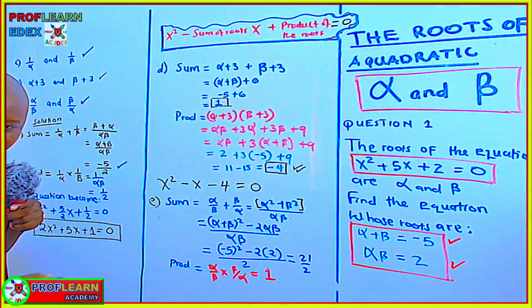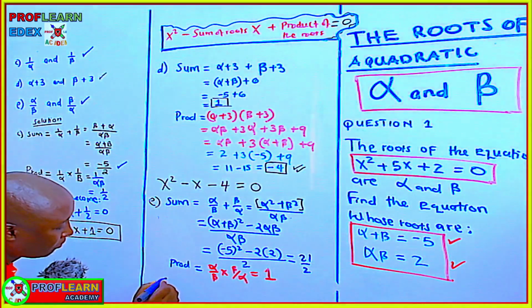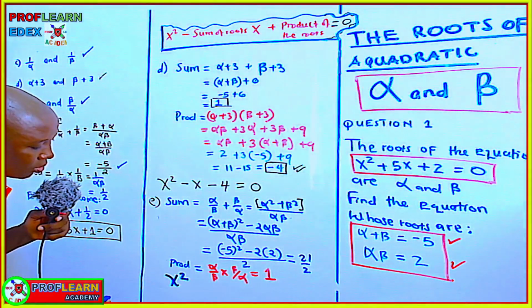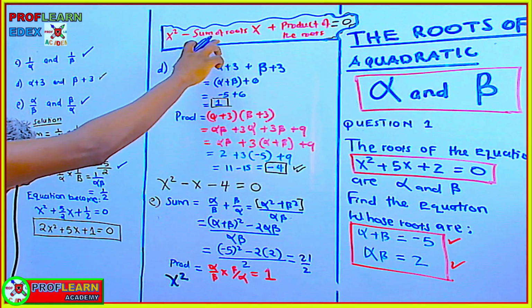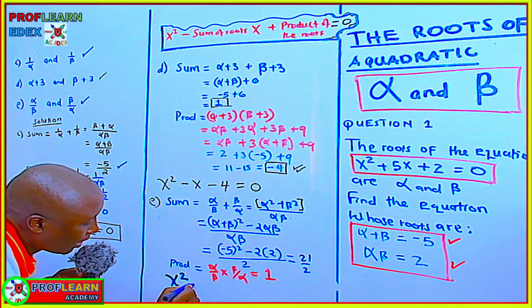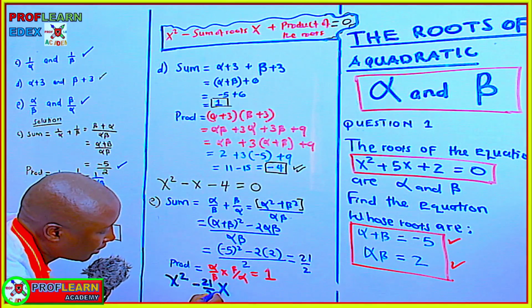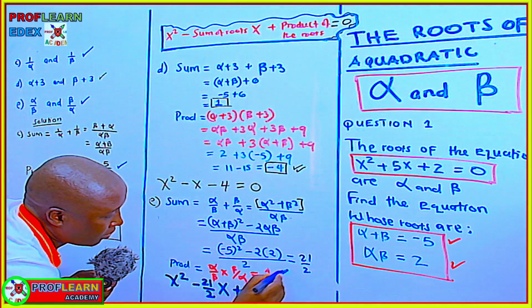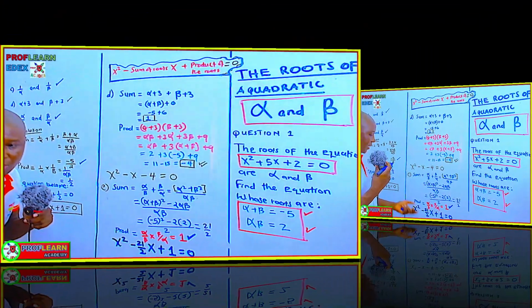So now the equation becomes x squared. That's the first thing, x squared, negative of the sum of the roots. Negative of the sum of the roots becomes negative 21 over 2 x. Then plus the product, and the product we got here is 1. We are told integer coefficient.